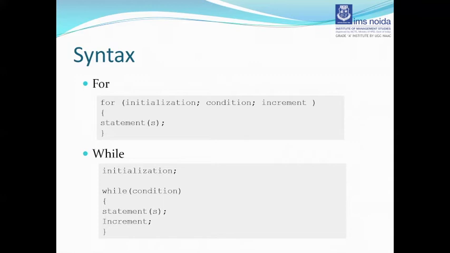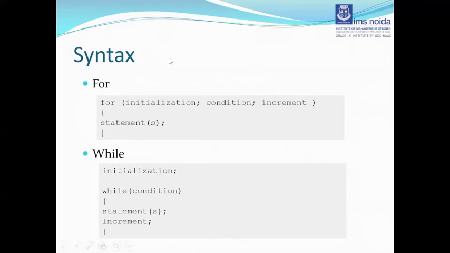So you need to mention the increment part too. The three things are initialization, condition, and increment, and every loop should have them. It could be a part of the syntax of the loop or could be excluded from the syntax, but it should be there in the code of your program. Otherwise, your loop will never be complete.